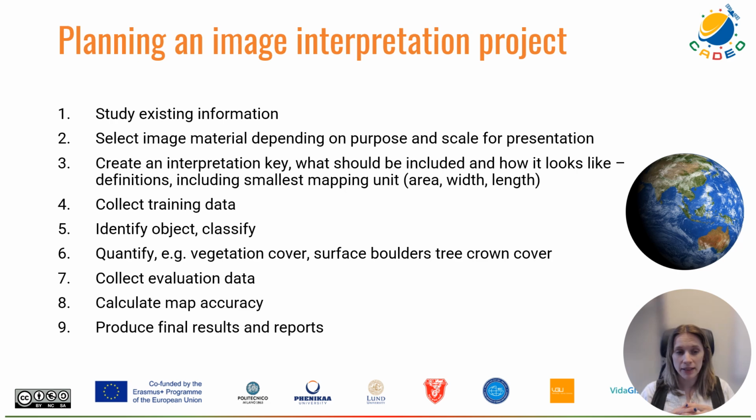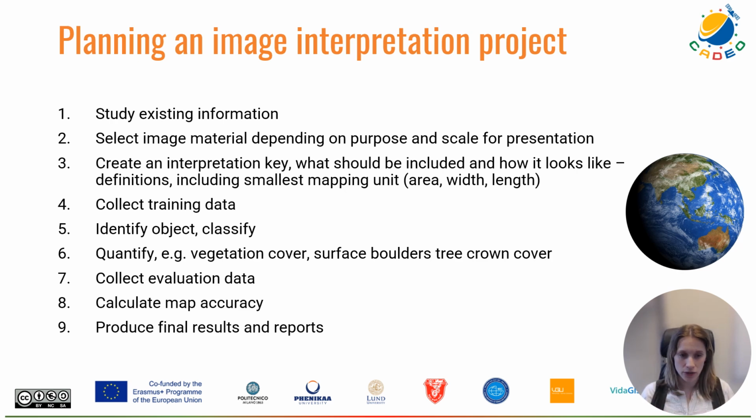Another important aspect is to collect evaluation data. You should evaluate your map and make sure that it's accurate enough. The most common way to do that is, of course, to go out in the field again, collect evaluation data, and make sure that you collect data in a very unbiased way. So you do a random sampling.